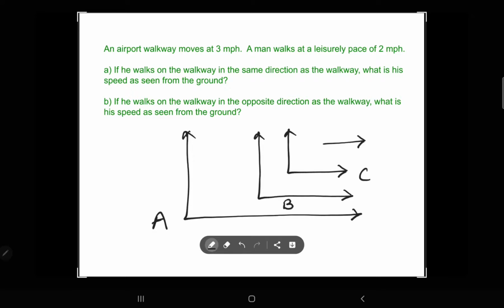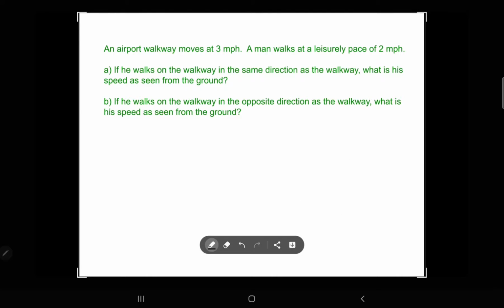In general, when the observer is at rest and some object is moving, we simply call it velocity. But in this case, we call it relative velocity, because the velocity of C is somehow related to reference frame B. Okay, let us go back and read this question.